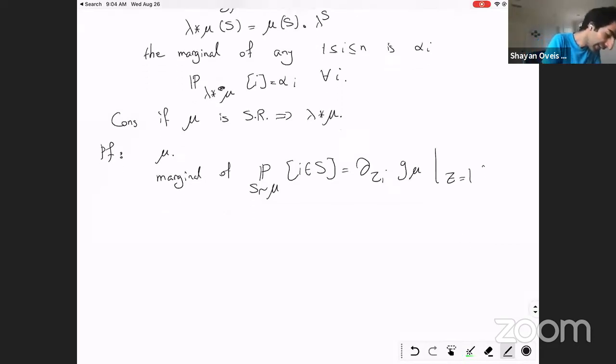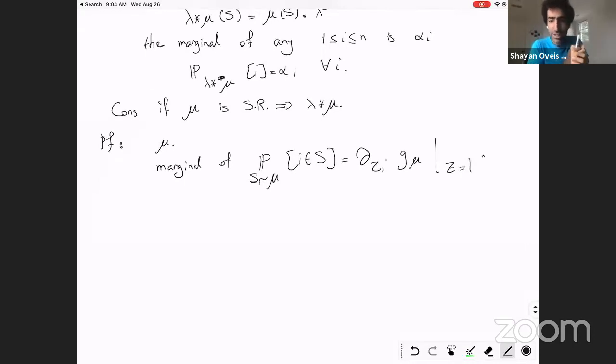Now, there is one caveat. This identity assumes that G mu is normalized, meaning that G mu of the all-1 vector is 1. That could be okay.